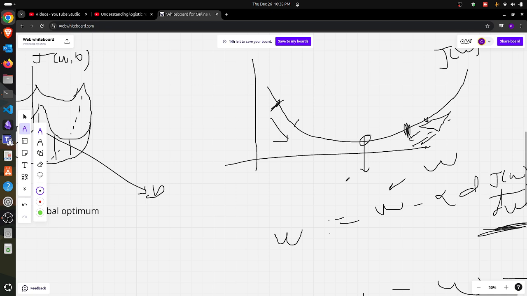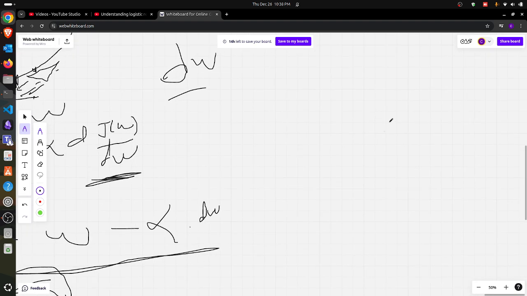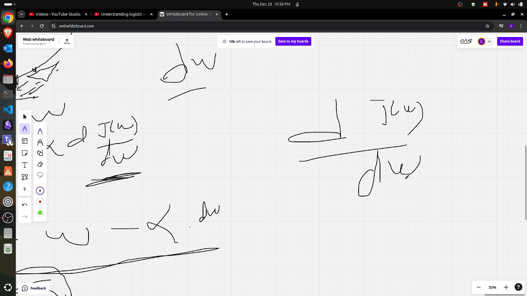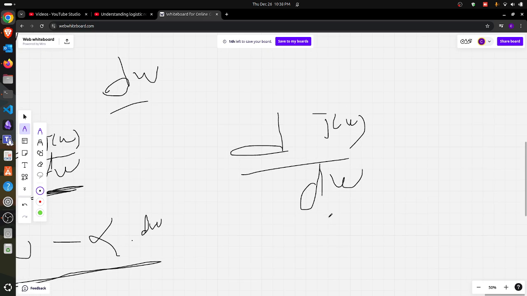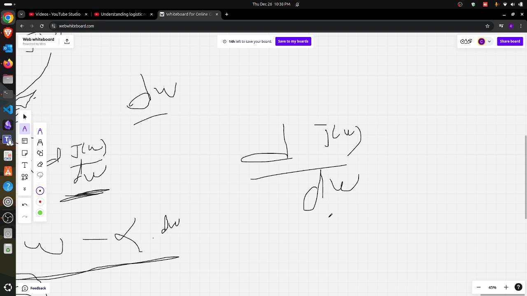Now we're going to explore this. dJ/dw, this term means just the slope of the function, and we want to know the slope of the function at the current set of parameters, so we know what direction to go in order to go downhill on the cost function J. So J is our cost function.